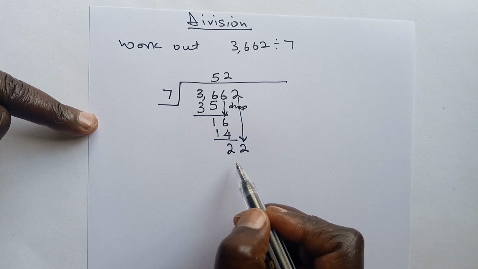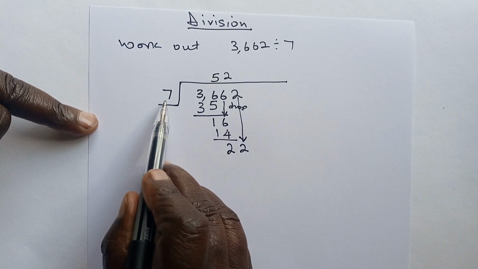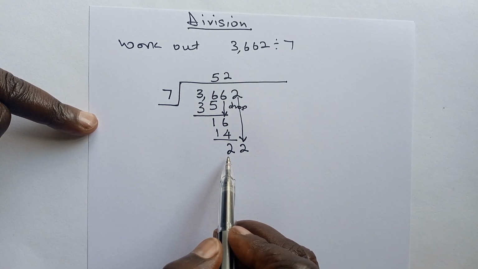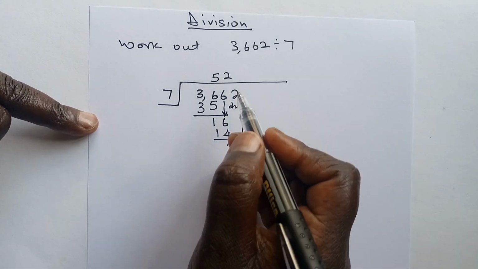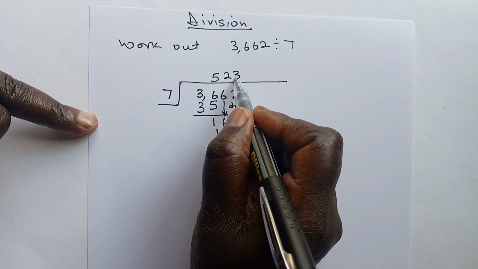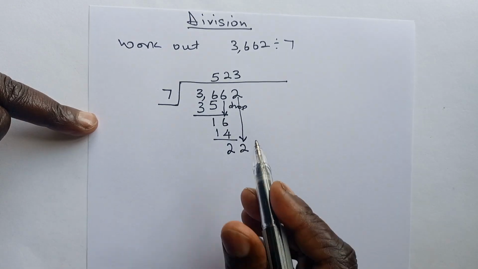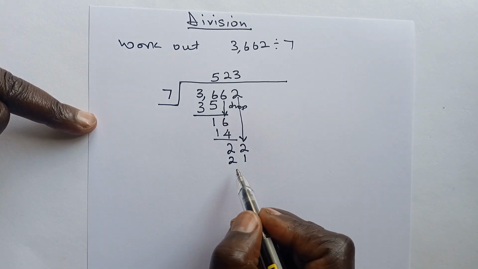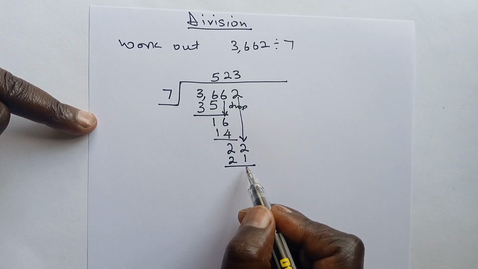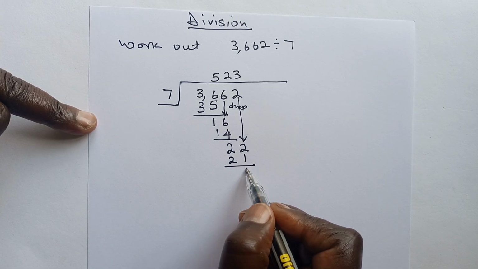Look for another number that multiplies with 7 to get a number close to 22 but less than 22. That number will be 3. Write it after 2. 3 times 7, you get 21. When you subtract, you will have 1.